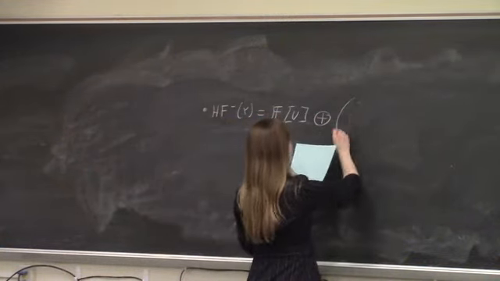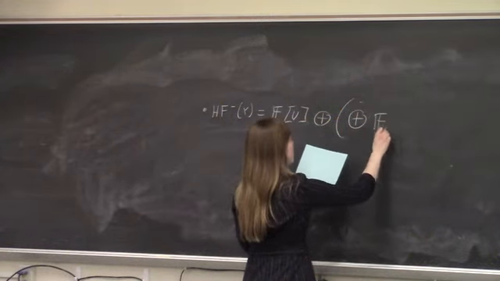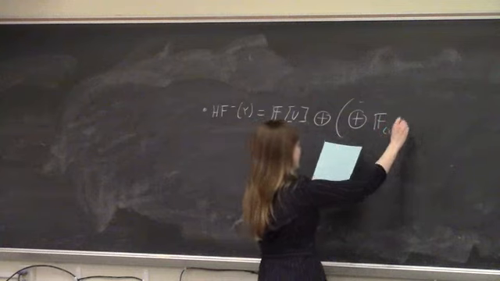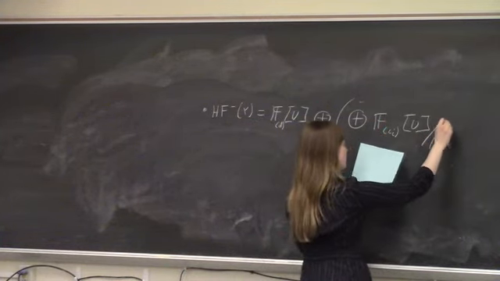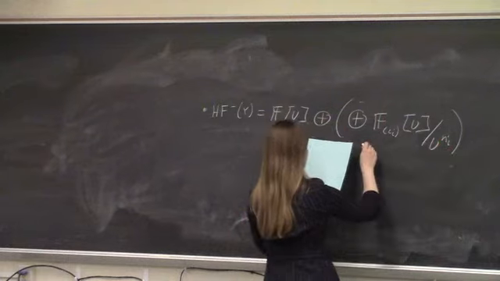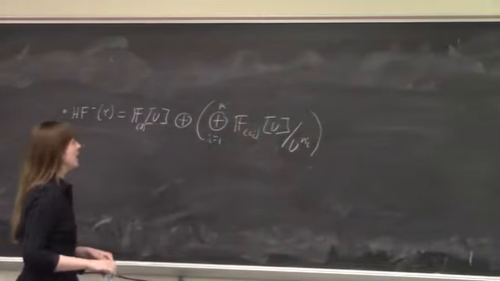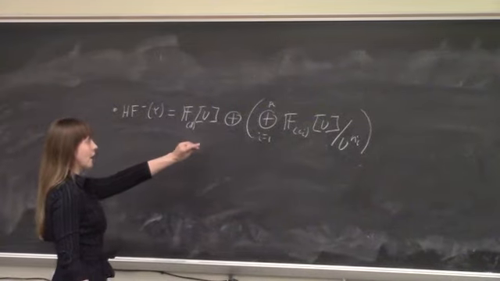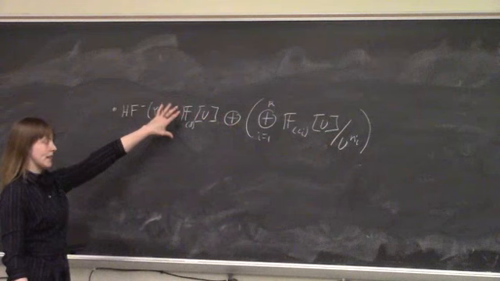some number of pieces that look like F adjoining U over U to the n_i, from i equals 1 to k. In fact, the fact that it had to look like some pieces like this and some pieces like this is pure algebra.